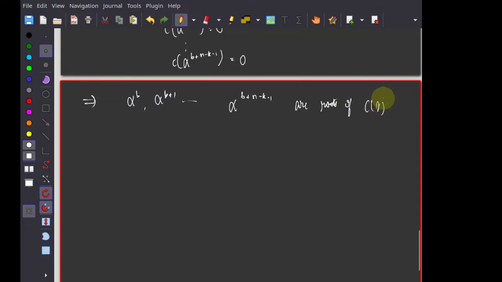So if you look at any polynomial of degree n minus 1, it is a valid code word if and only if all of these are roots of the polynomial. It's an if and only if statement.